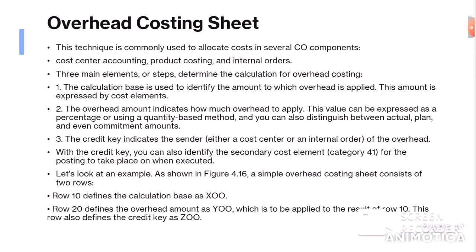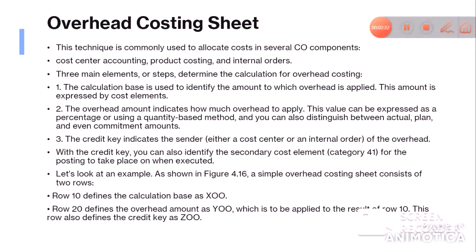So the overhead costing sheet is mainly used to allocate costs in several CO components: cost center accounting, product costing, and internal orders. So here we are discussing how it is useful in internal orders.